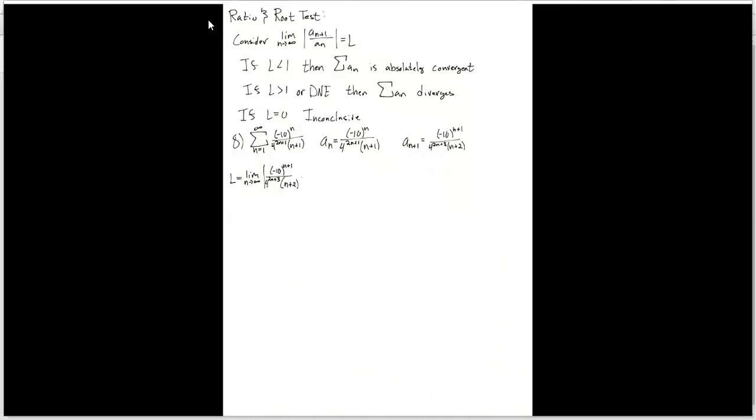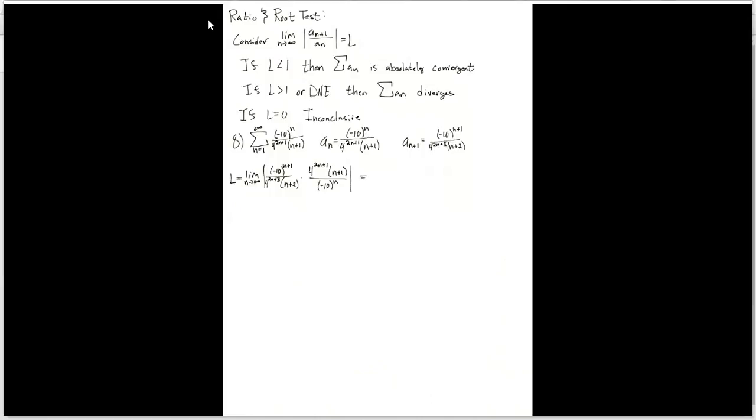And then we're going to multiply this by the reciprocal of a_n to make it a little bit nicer. We have 4 to the 2n plus 1 times n plus 1 all over negative 10 to the n, and absolutes.